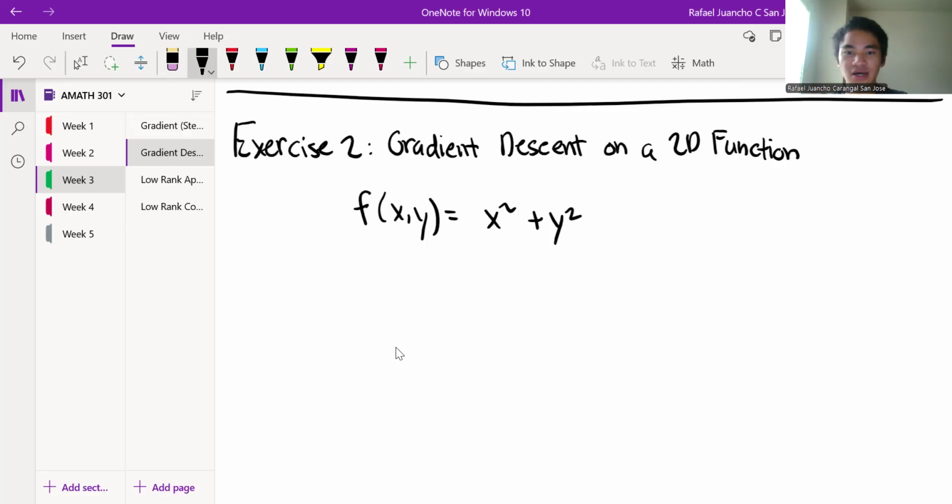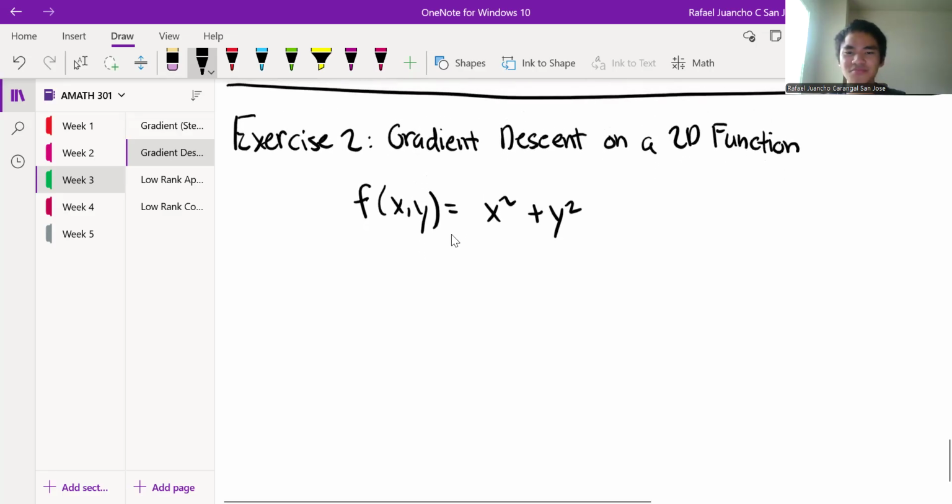Okay. So how do I go about finding the minimum or maximum of this function? Well, again, we take the derivative. In this case, it's a function of two variables, so I take its partial derivatives, and that would give me my gradient, right? So now I am confident I can write this notation. That upside-down triangle means the gradient of the function f.